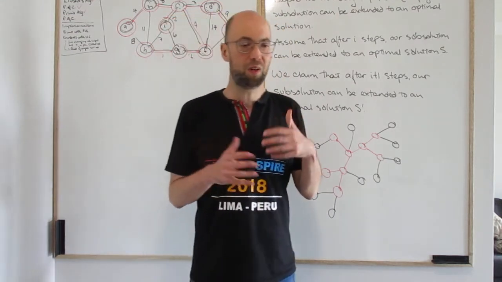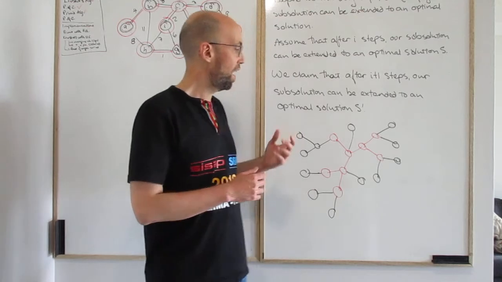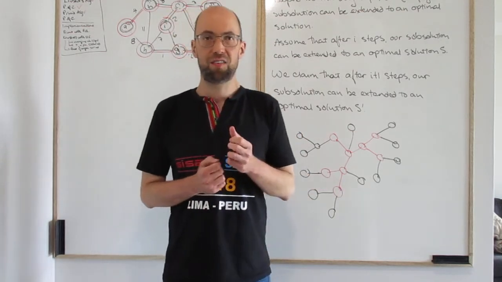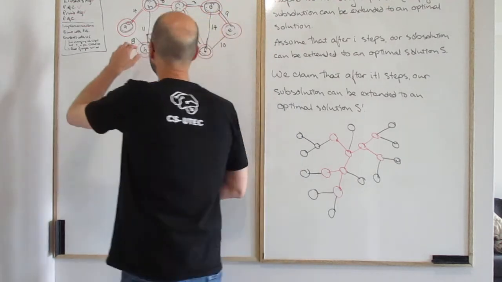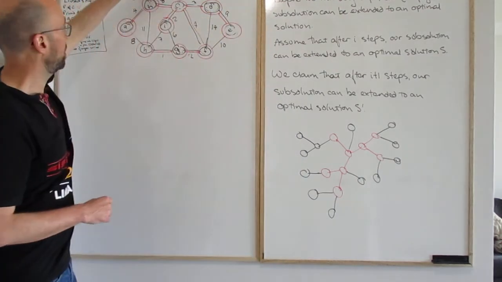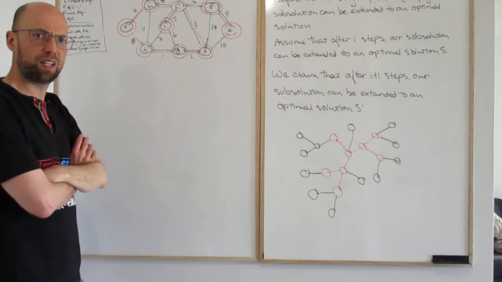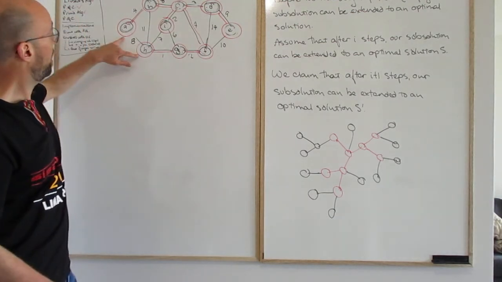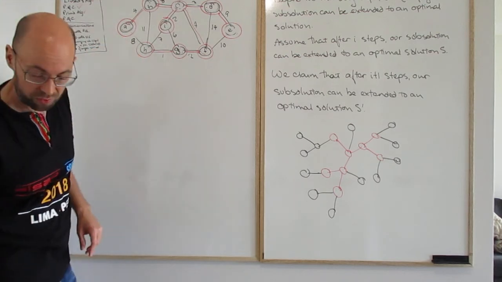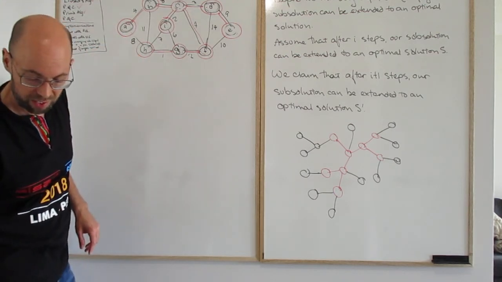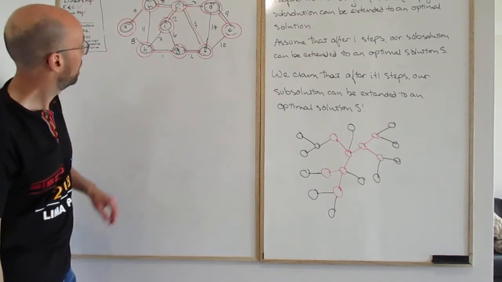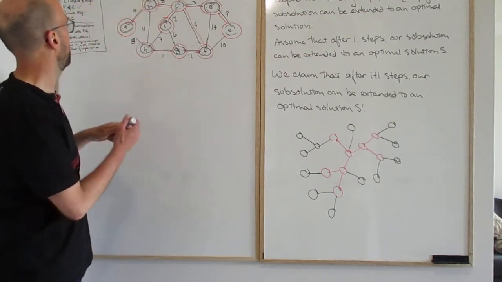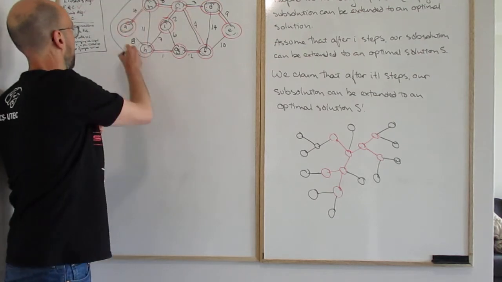So what can be different? Well, we take something, and S says, no, I don't. For example, we take BC, and S says, oh, I don't like BC. S contains AH. So S would look like, instead of having A, B, B, C, it would have it like this.